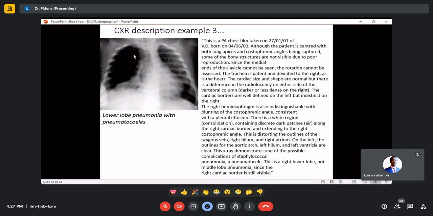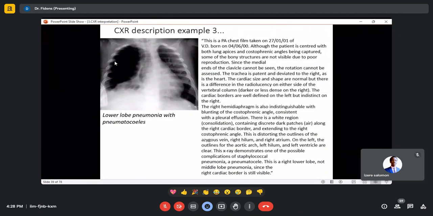I think there is also a compensatory hyperinflation of the right lung, because the right lung is compressed here with the pneumatocele. Now the left lung, at least, is okay.